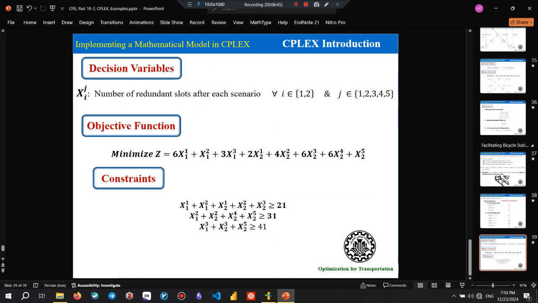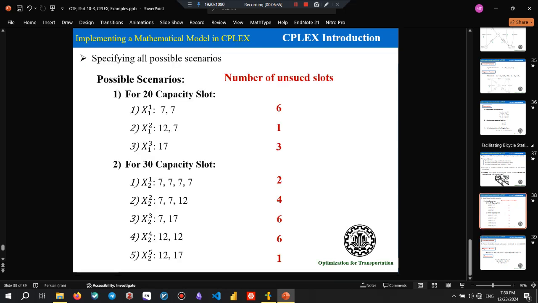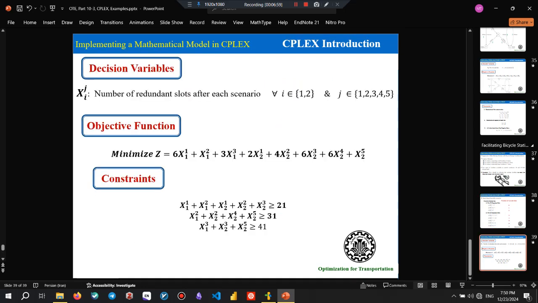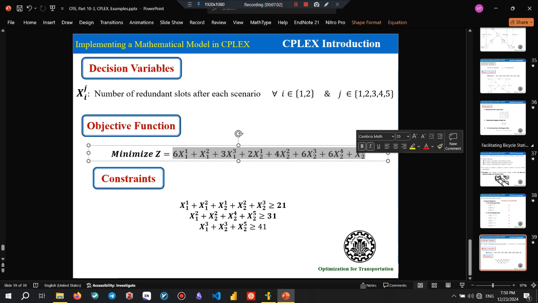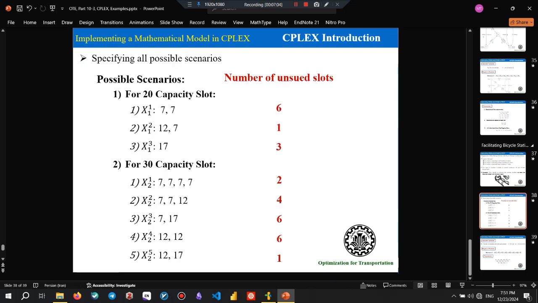So the decision variable is as I have told you, and the objective function is to minimize the redundant cut pieces, right? How did we get these coefficients? These coefficients represent the number of unused slots for each scenario, right?